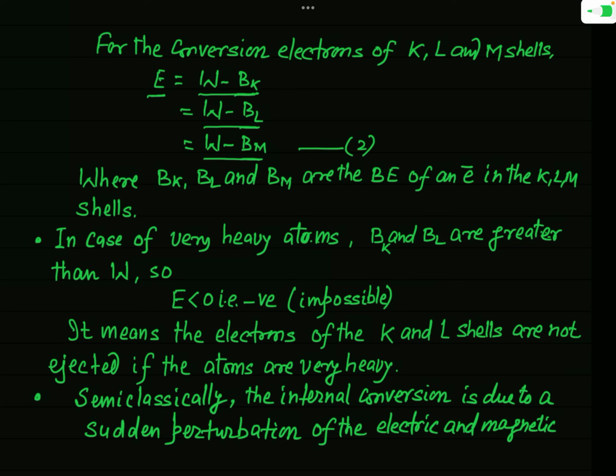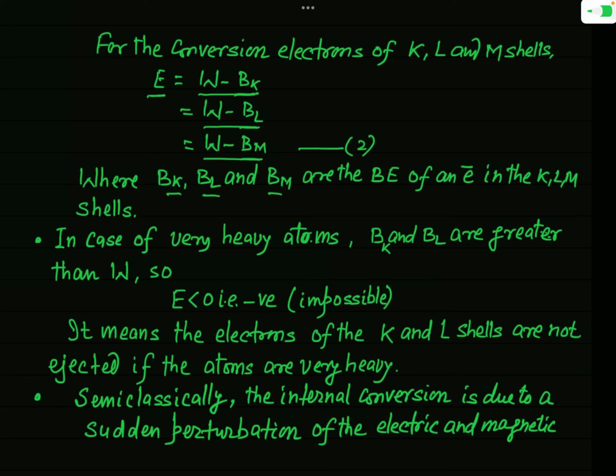Actually, as I have told you, Bk, Bl and Bm are the binding energies of an electron present in the K cell, L cell and M cell. Now you know this binding energy depends on how tightly the electron is bonded to the nucleus. In the case of heavy atoms, the number of protons in the nucleus is very large, so the electrons of the inner cells like the K cell and L cell will be much more tightly bonded.